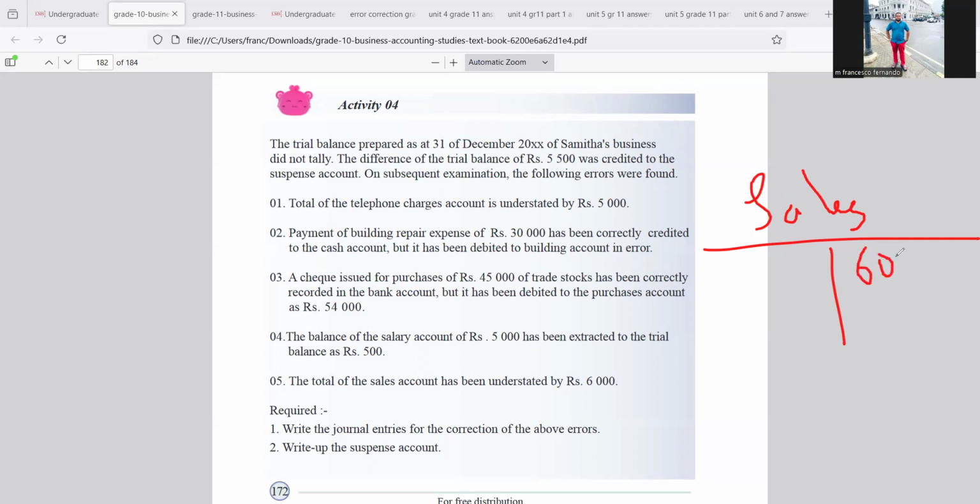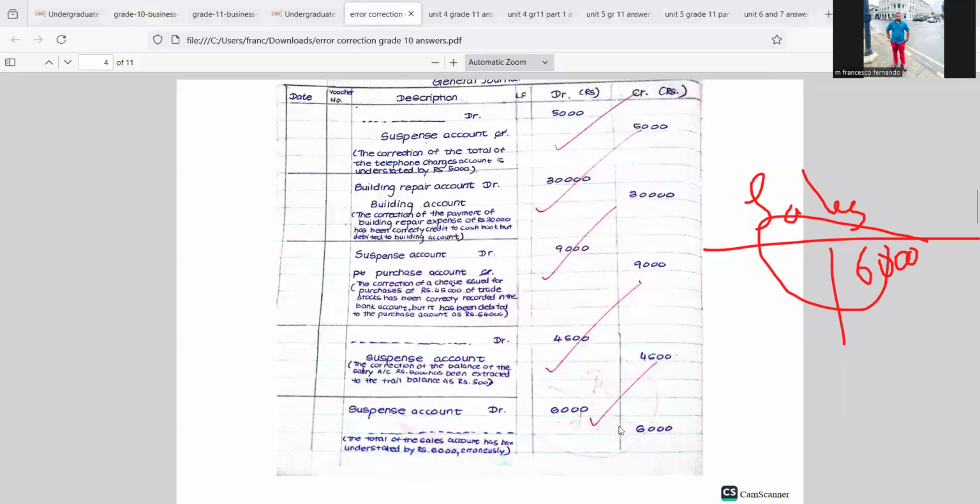So therefore, in the credit side, 6,000 is lower. Credit to the sales account and you can debit to the suspense account. So here also, since total is mentioned, we will take it as a trial balance transaction, right? So therefore, suspense account debit, dot dot dot dot credit. So dot means trial balance.